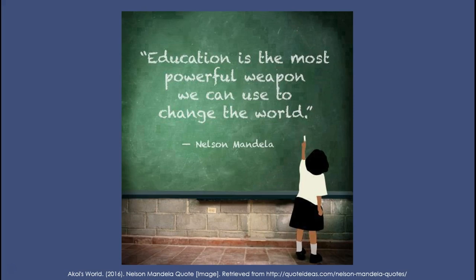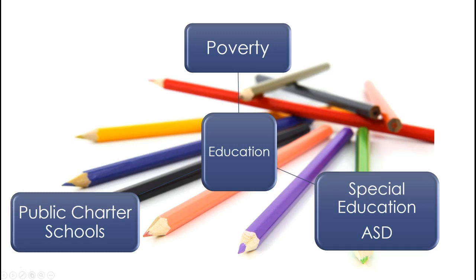Nelson Mandela said, "Education is the most powerful weapon we can use to change the world." Over the next 3 sections, we will cover the quality of poverty and social innovation in early childcare, innovation in special education with a focus on autism spectrum disorder, and the public charter school.